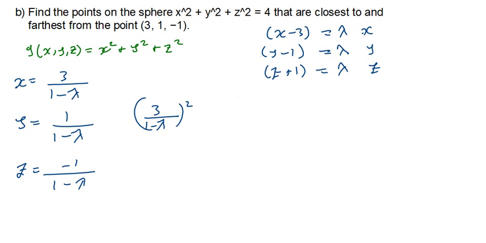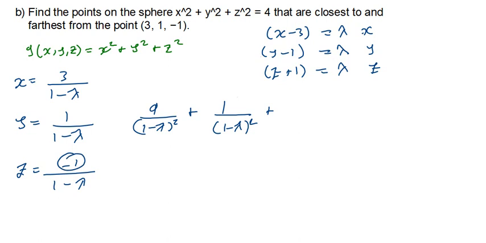In fact, let me not waste time. When we square that, that is going to give us 9 over (1 minus lambda) squared, plus 1 over (1 minus lambda) squared. Then for the other part, this is going to be positive, because when I square -1, I get positive, so that would be 1 over (1 minus lambda) squared, and this is equal to 4, this 4 that I have right here.